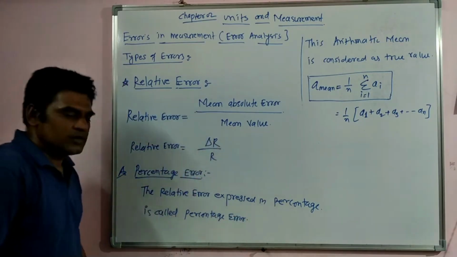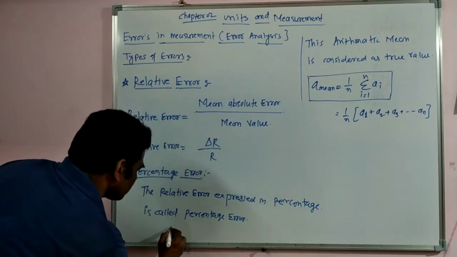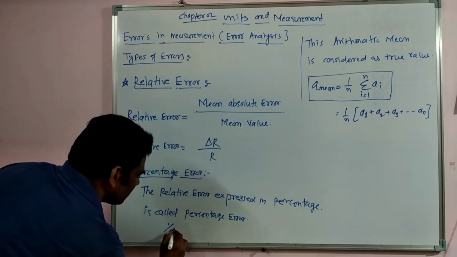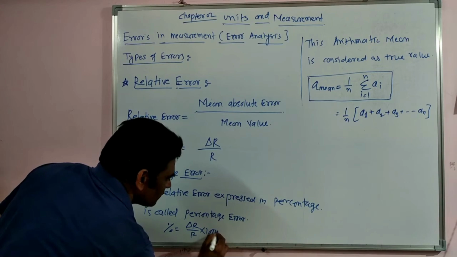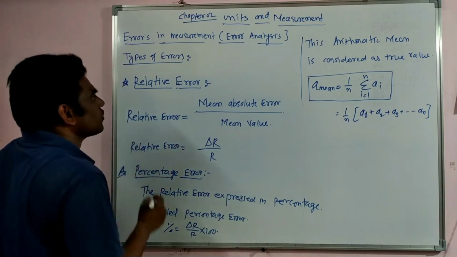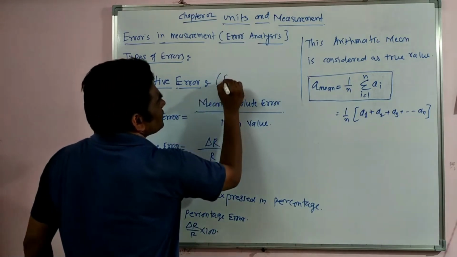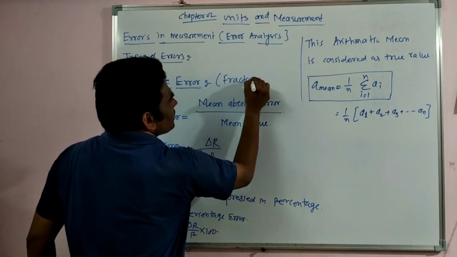Percentage error means this relative error into 100. This relative error is also called fractional error. This is also called fractional error.